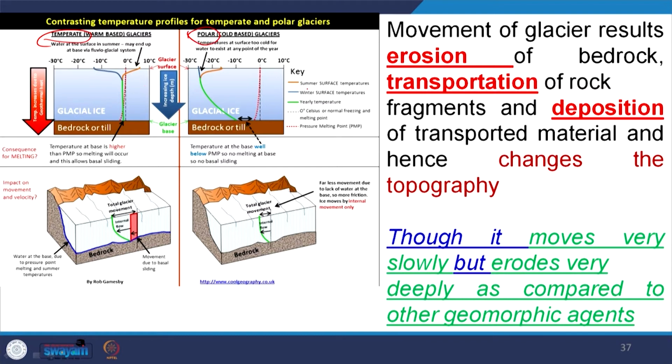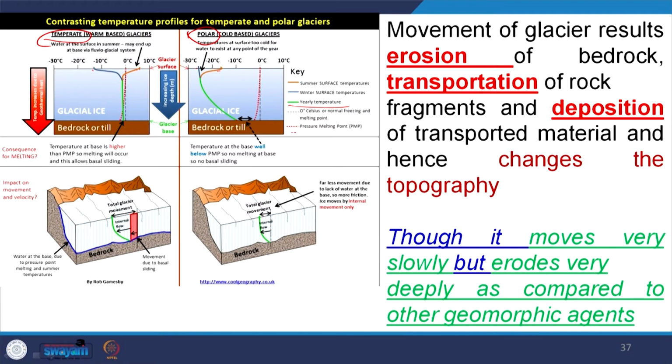The summer surface temperature starts from about 8 or 7 degrees and gradually decreases. But in the polar glacier the surface temperature lies around minus 15 degrees Celsius. Similarly, the winter surface temperature for the polar glacier is about minus 25 degrees, but here it is about minus 15 degrees. The yearly temperature for the polar glacier varies from minus 25 to minus 10, but here it remains constant, near about minus 2 degrees.